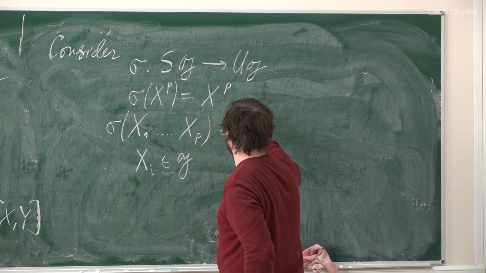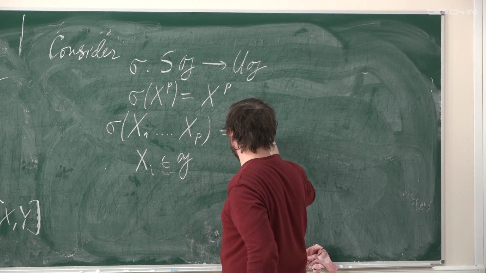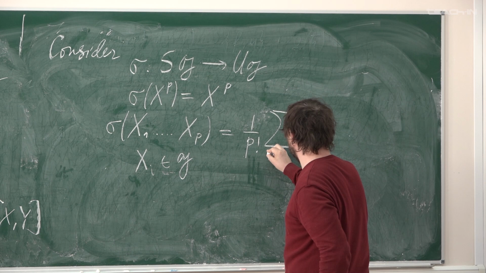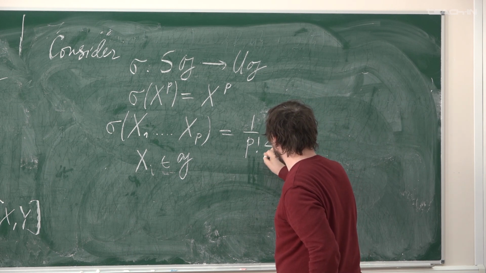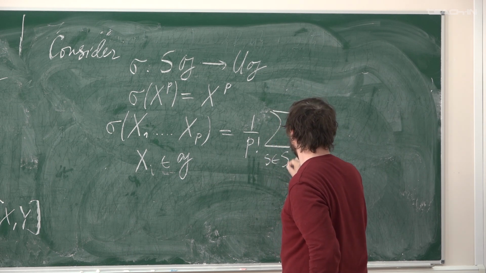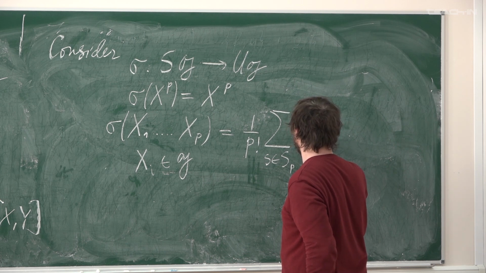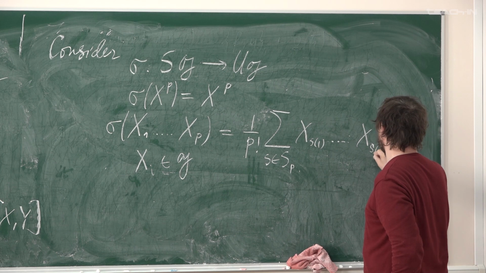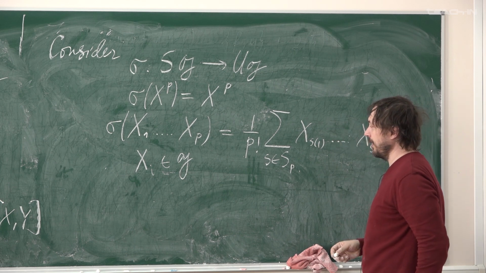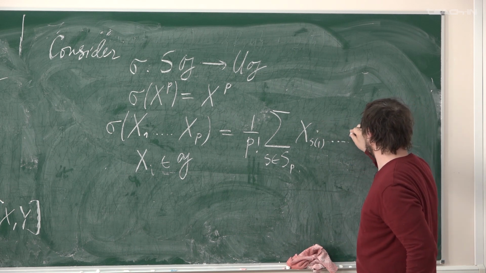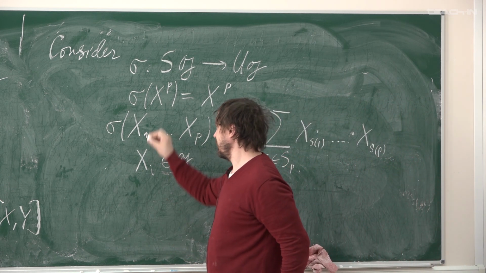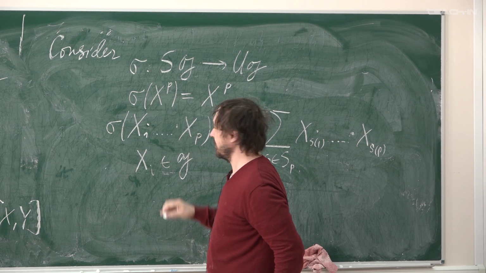Then the right-hand side is equal to 1 over p factorial, times the sum over all permutations s in S_p of x_s1 dot ... dot x_sp. On the right-hand side, dots mean the product in the universal enveloping algebra, whereas on the left-hand side, dots mean the product in the symmetric algebra.